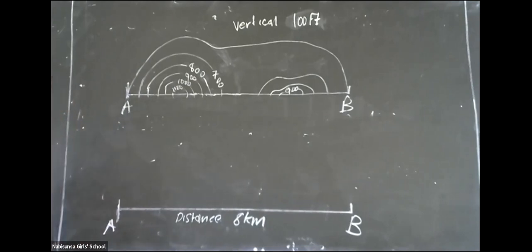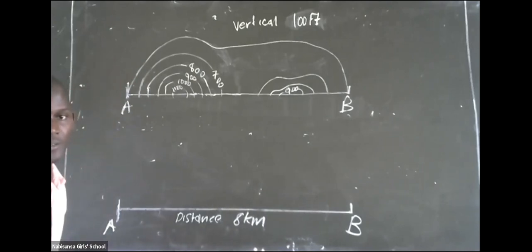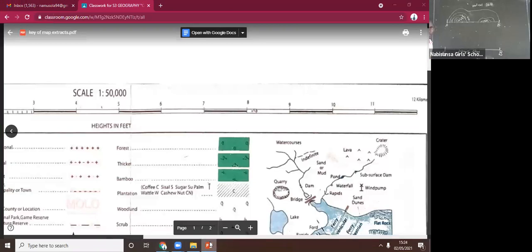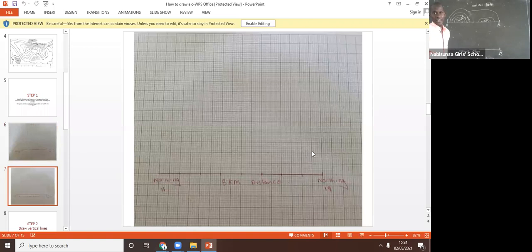Now, let us go to the next step. After drawing that, our next step is going to be as I have shown you here. If you don't know how to measure, you just get the distance of your area, the 2 points, you put it on the graph paper, and you divide by 2.